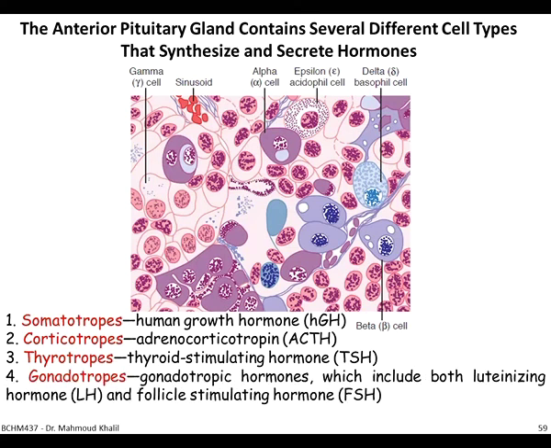We have the gonadotrophs, which secrete the gonadotropic hormones that include LH and FSH. And you have the lactotrophs that secrete prolactin. You can see from the figure that you have alpha cells, which are different from gamma cells, which are different from delta cells, which are different from epsilon cells. We'll talk in detail in the next lecture about each type of cell and what it is responsible for secreting.